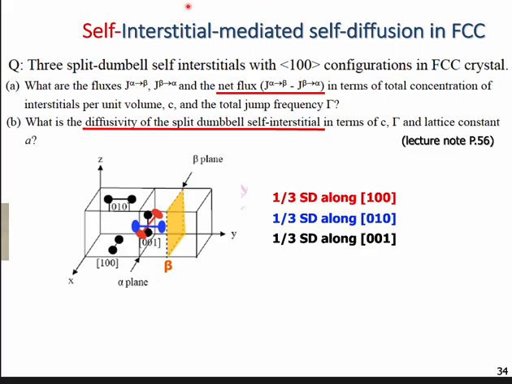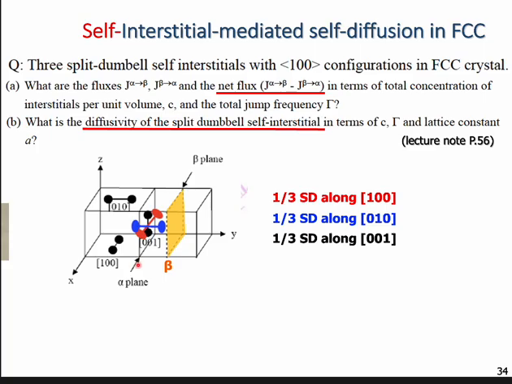Since I need to solve this based on Fick's law, first of all I need to determine where alpha is and where beta is. So here I define this as alpha and this as beta. Why? Some people always ask me why, because the way I learned the split dumbbell would be to focus on the shared plane at the face center here.